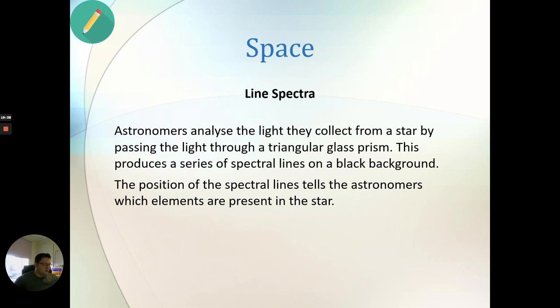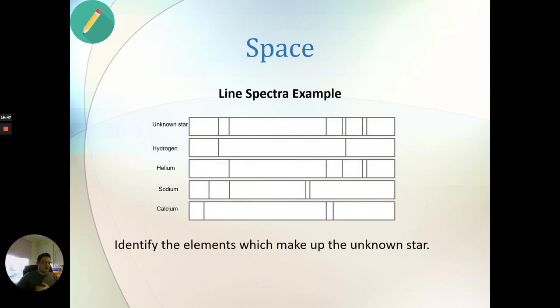And actually, this is something which you can be asked about in a test or an exam. So, there's an example on the screen here, where we've got an unknown star up at the top with these patterns in it, and then there's a number of possible elements that could make up that star shown below it.